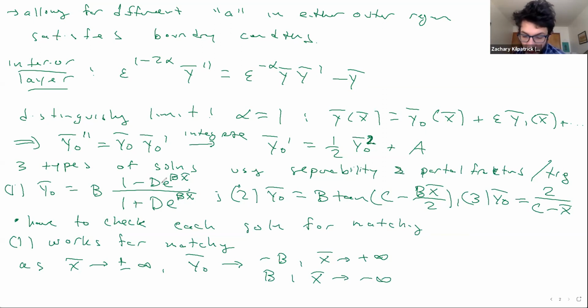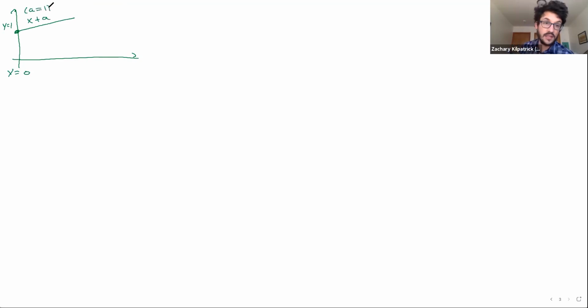So let's look at maybe the left domain one, and I'm going to just sort of draw a picture now. So what's happening here on the left picture, remember that over here, y is equal to 1 at x equals 0, okay? I have this x plus a, so that tells me that a is probably going to need to equal 1 here, okay?